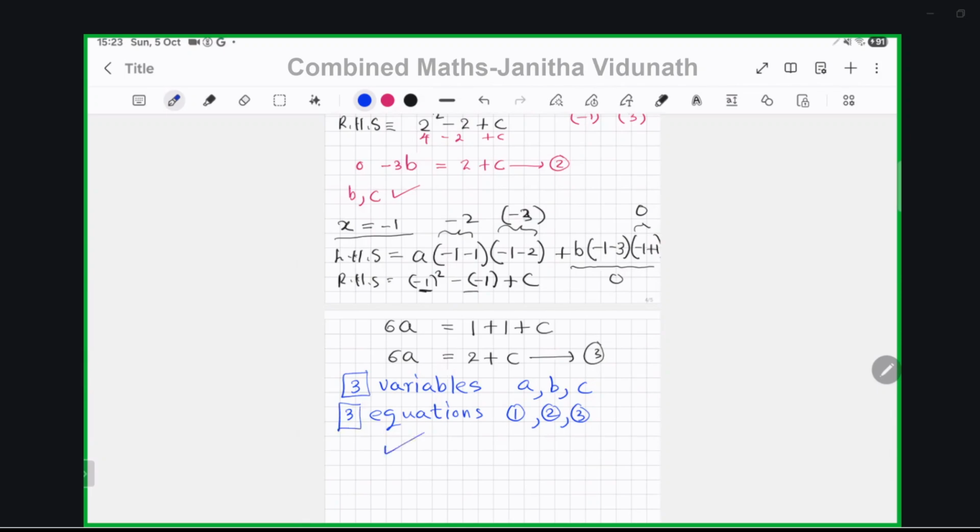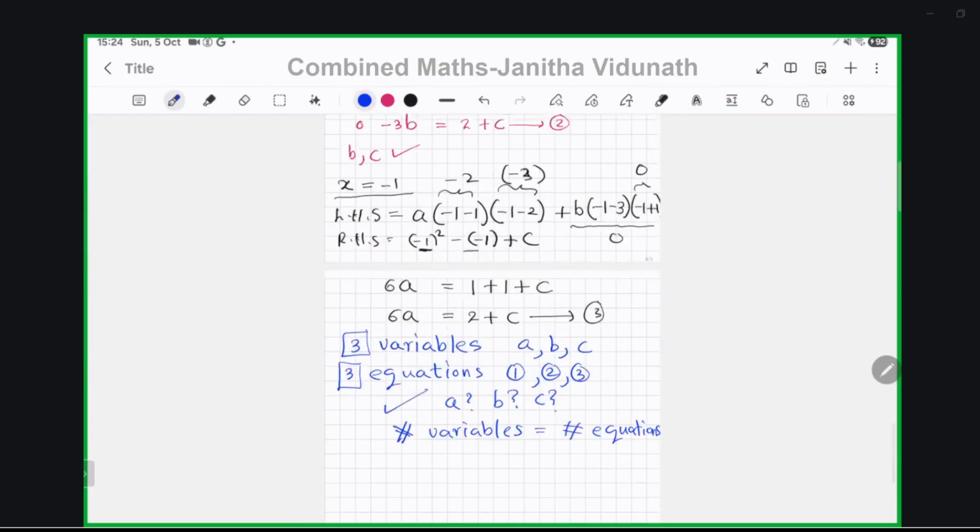Then we can find the values of a and b and c because the number of variables is equal to the number of equations. Then we can simply find all the variables.